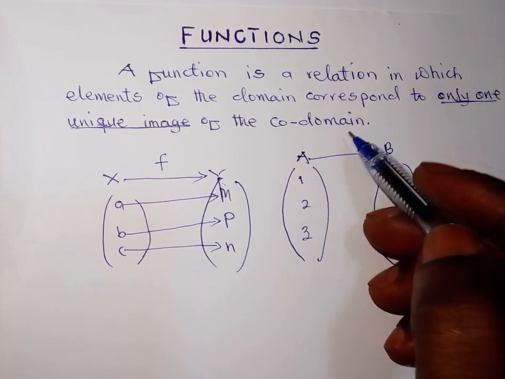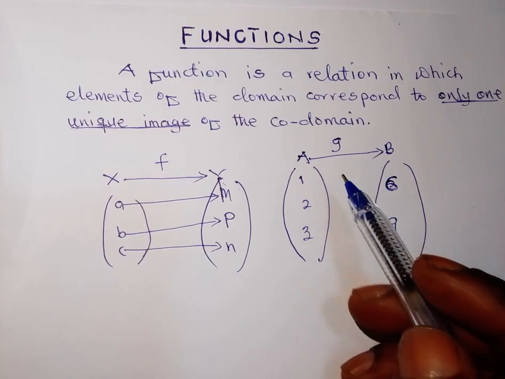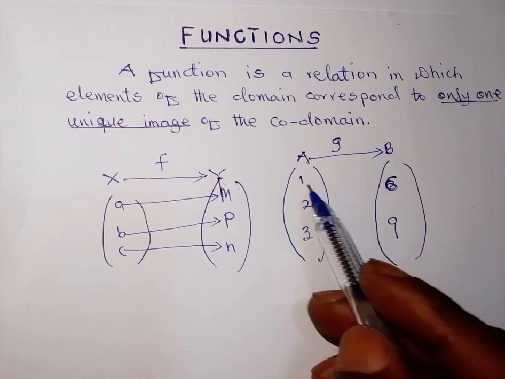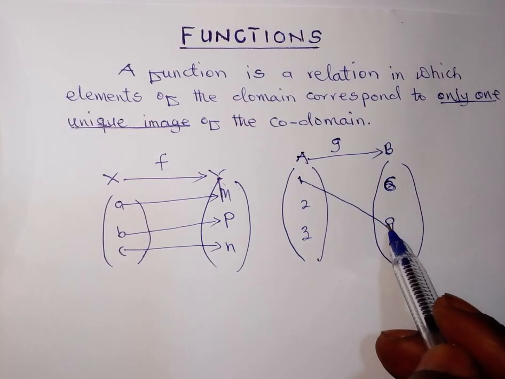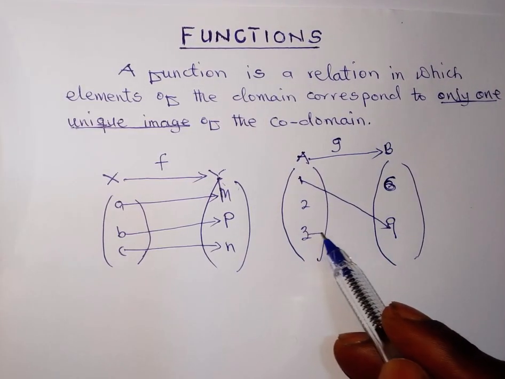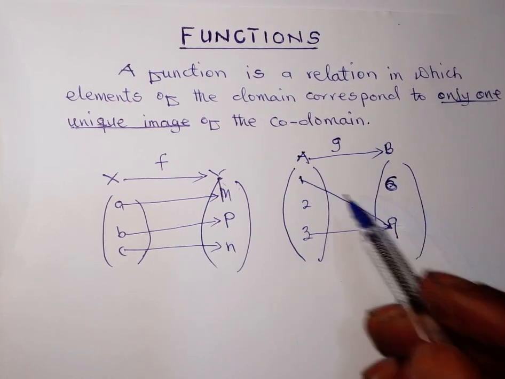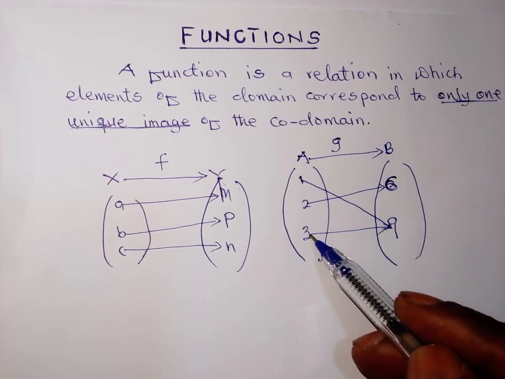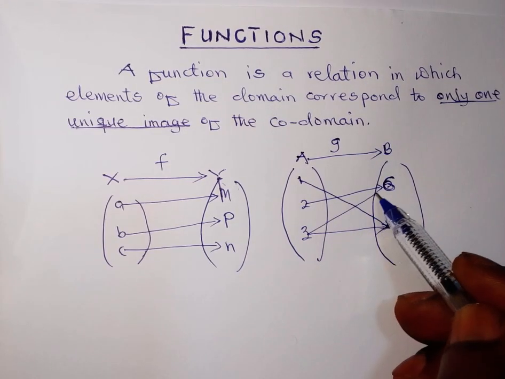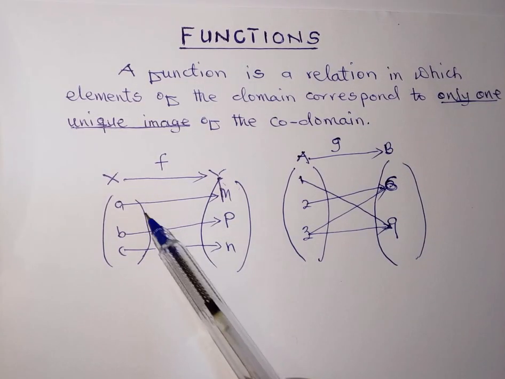Let's give this function the name G. We have elements mapping onto the other set: 1 corresponding to 9, 3 corresponding to 9 as well, 2 corresponding to 6, and at the same time, 3 corresponding to 6.